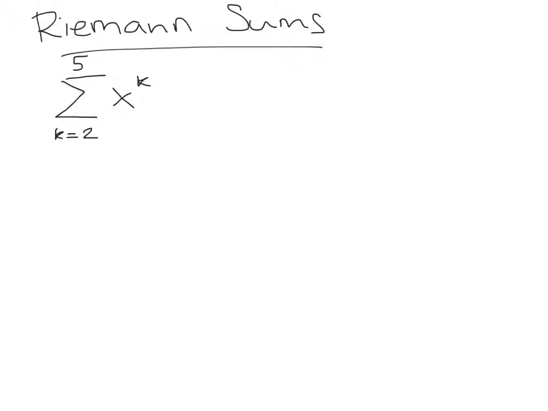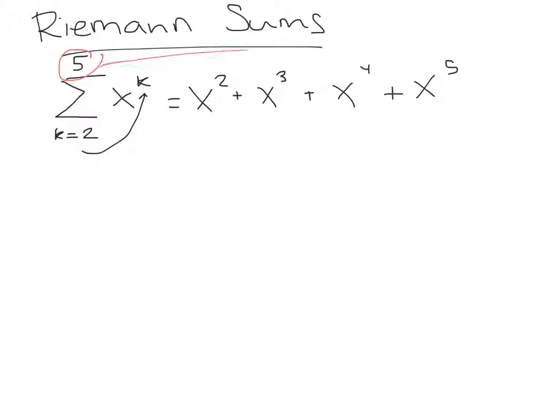Okay, so hopefully you remember that this is equal to x squared, because that's my first value of k, plus x cubed, plus x to the fourth, plus x to the fifth, and I know I'm going to stop at the fifth power because that's what is on top of my Riemann sum. Okay, so whatever that is, that is your Riemann sum. So instead of writing out all this work, you can denote it in this simple manner. Okay, so it's pretty easy.